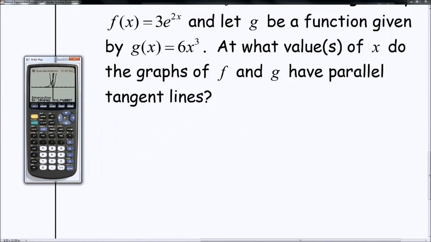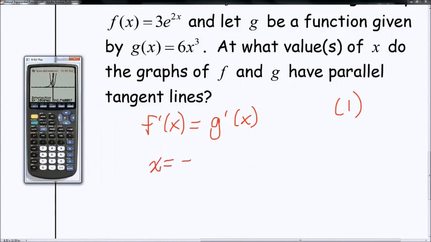We know that parallel slope, so we want to say f prime of x has to be equal to g prime of x. Okay, typically on the AP exam they might give you a point for that, so make sure you say that. And then you can say where x is equal to -0.390, or you could have written -0.391 if you wanted to round.